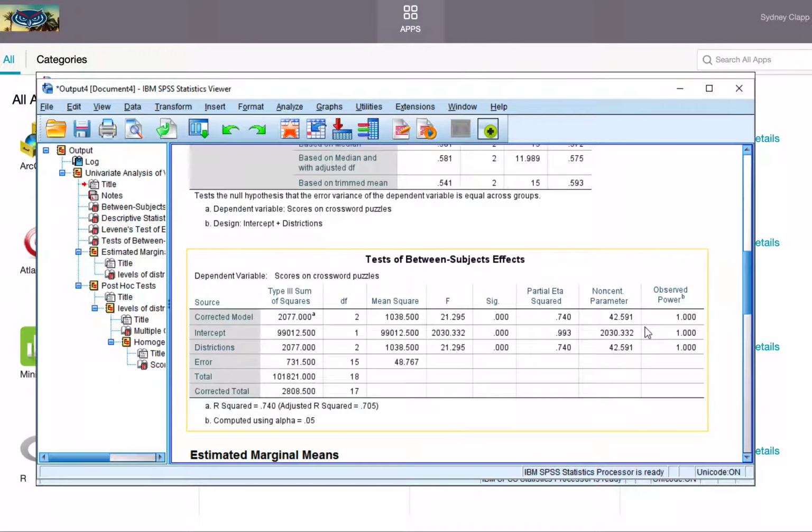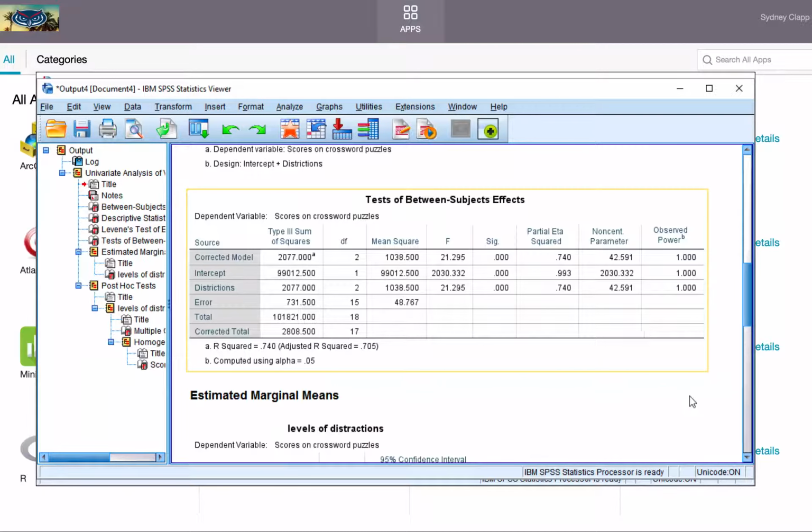If we go down to our tests of between-subjects effects, let me pull John D. Morris's papers so that I make sure that I am not wrong. If we want to look for our effect size, we are looking under our partial eta squared data.